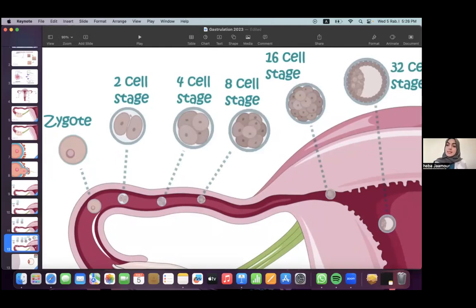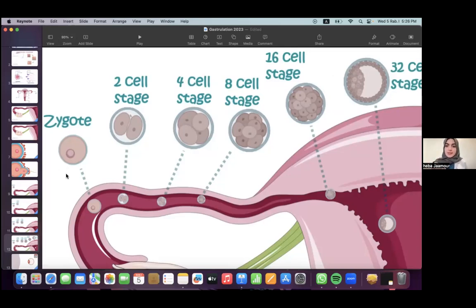So it becomes a 16-cell stage, and then eventually a 32-cell stage. Now for context, other names for those stages: the 16-cell stage is the morula, in case you've heard that word before. And the 32-cell stage is the blastocyst. And you're going to hear this word a lot throughout this lecture, okay?